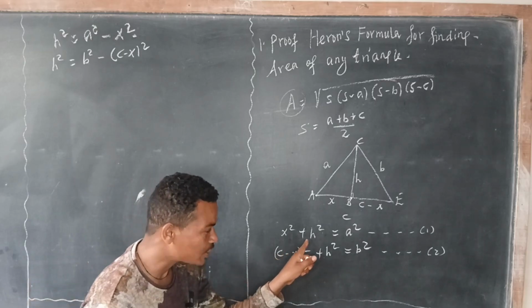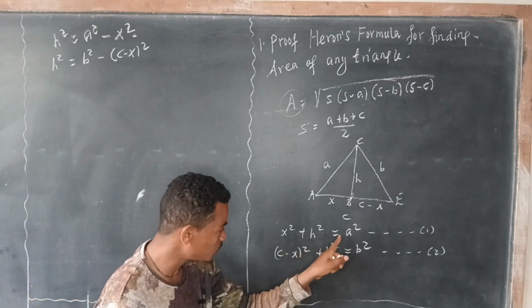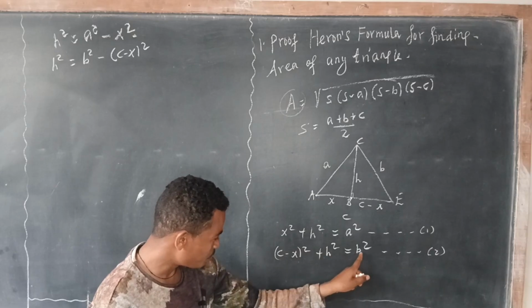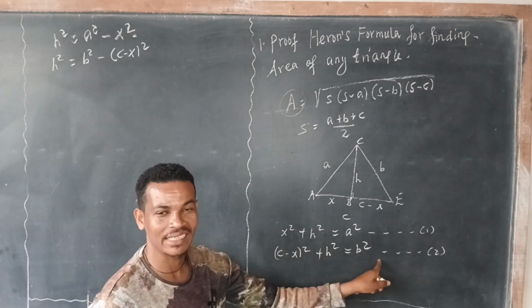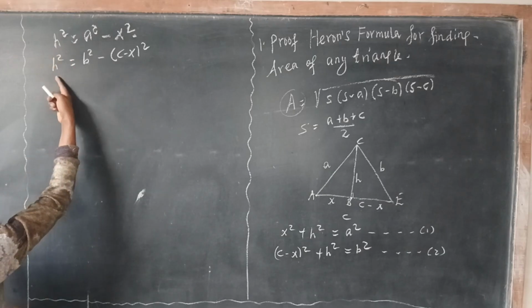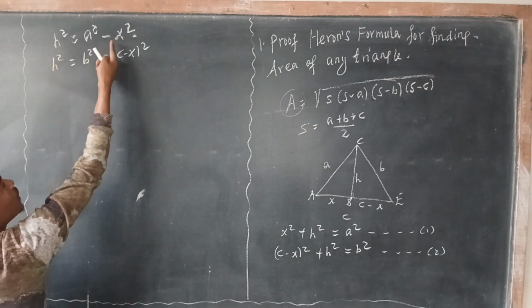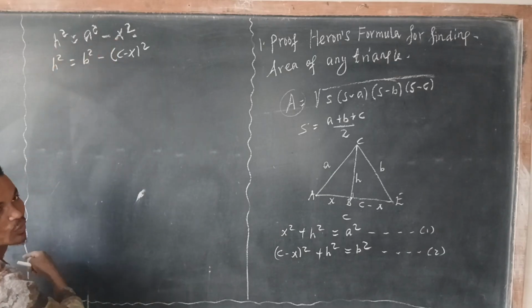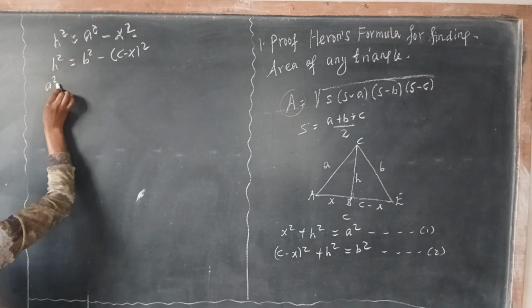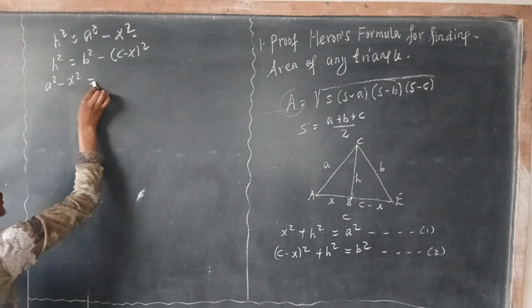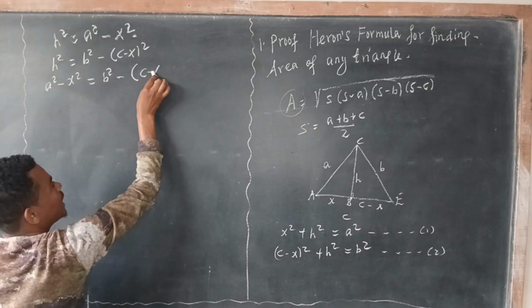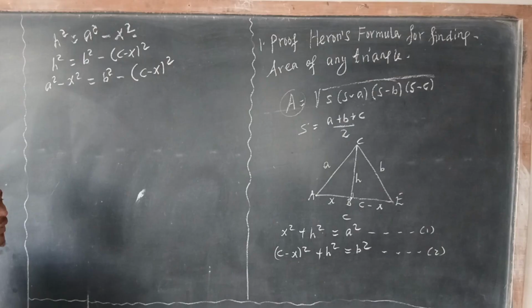Now h square is equal to h square, that means a square minus x square is equal to b square minus (c minus x) the whole square.